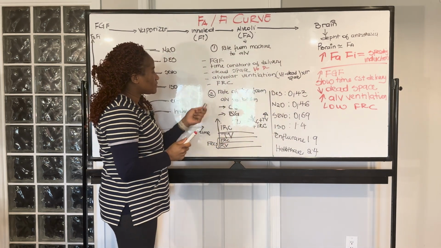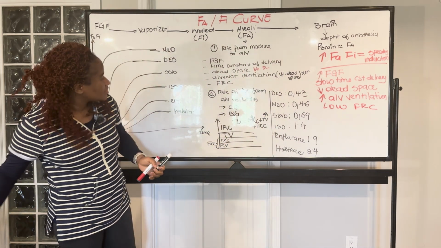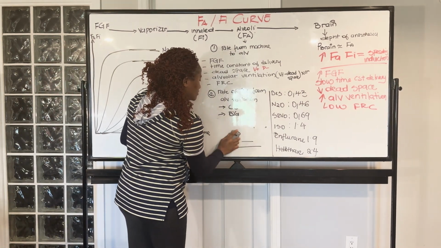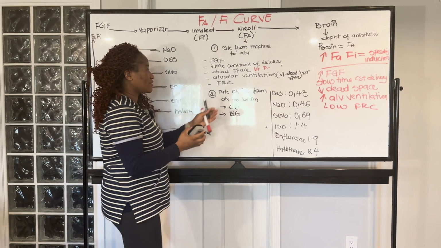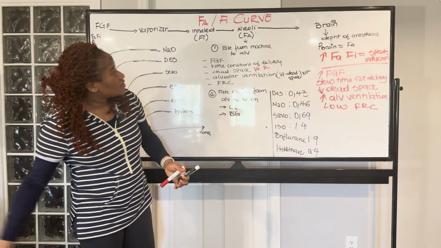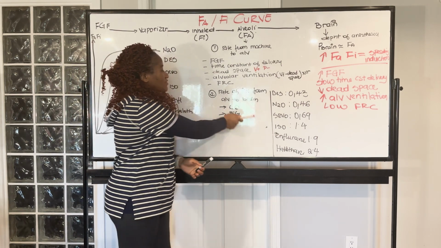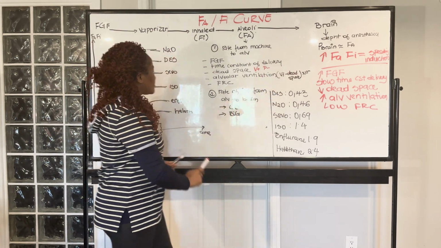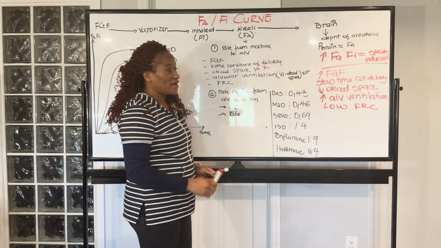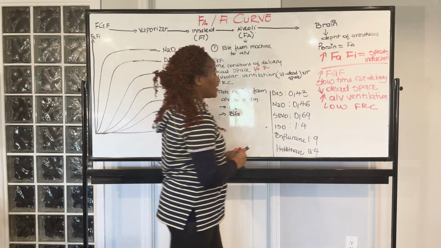Now, let's talk about the rate of transfer from the alveoli to the brain. If I want to play on this determinant to increase my rise, to speed up my induction, I need a low cardiac output.